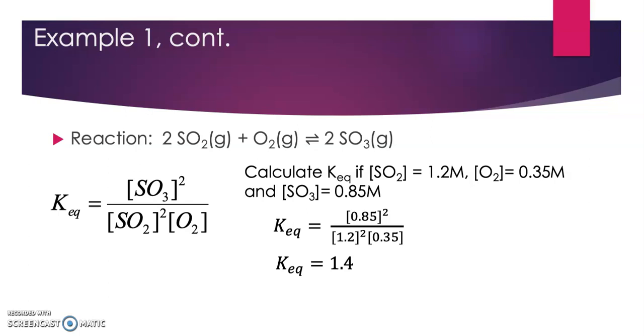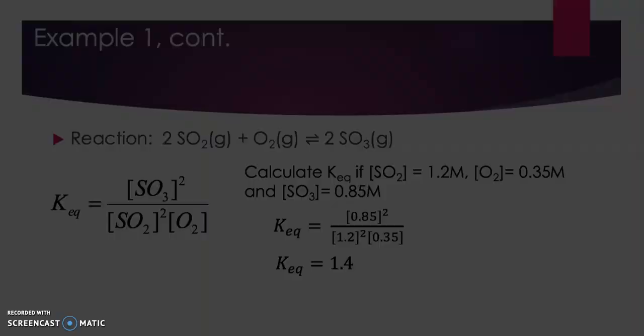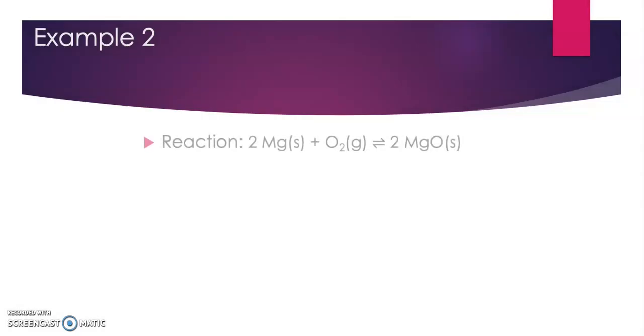Notice that I had 2 sig figs in all my concentrations, and therefore I report 2 sig figs in my KEQ, and I treat it as a dimensionless ratio, so there aren't any units here. So what this tells us is that at the equilibrium position, I've got a little bit more product than I do reactants overall.